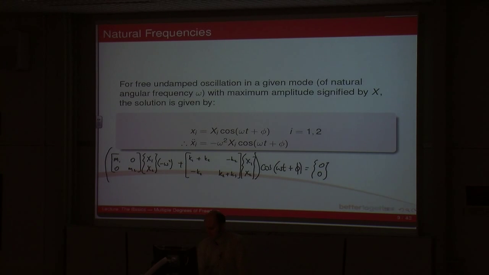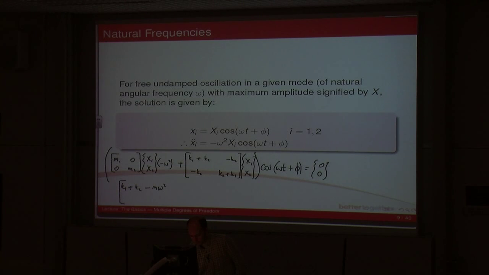Because these are both in terms of x1 and x2, you can combine the matrices together. So we have k1 plus k2 minus m omega squared for the first slot.